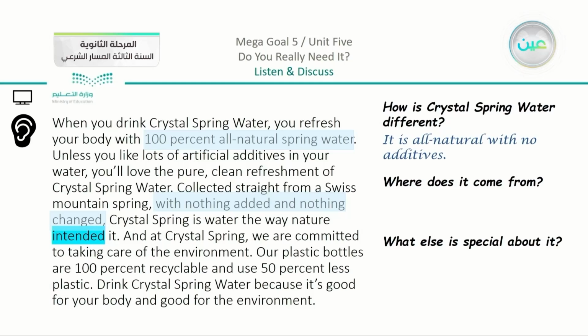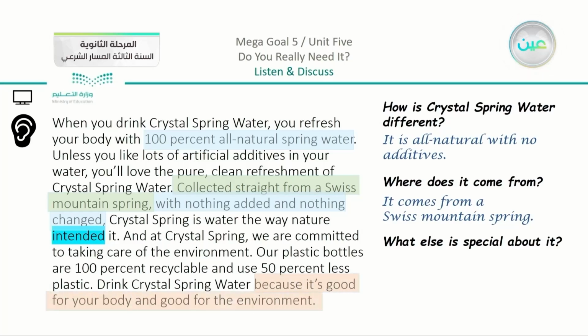So as I mentioned, it is a place. Now we can see that the place here mentioned is collected straight from a Swiss mountain spring. So our answer is it comes from a Swiss mountain spring. And the last question, what else is special about it? Now from the points that are mentioned, we do know that it's good for your body and good for the environment. So this is going to be our third answer.